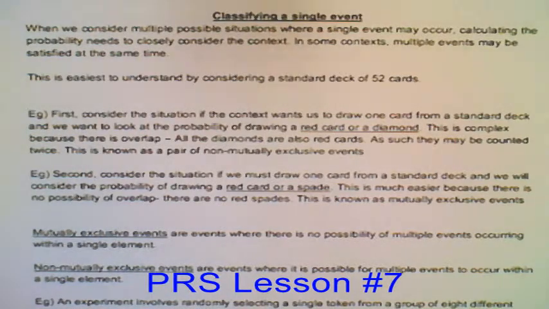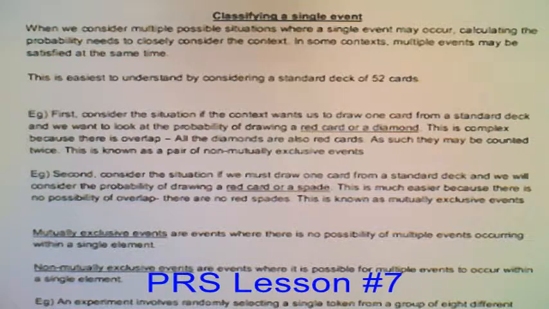The easiest is to look at mutually exclusive and realize that non-mutually exclusive is the opposite. So in the second example, one card, and I need a red card or a spade. There are no cards in that whole deck that are going to be spades that are red, unless it's some sort of trick deck. If it's a standard deck, there are no red spades.